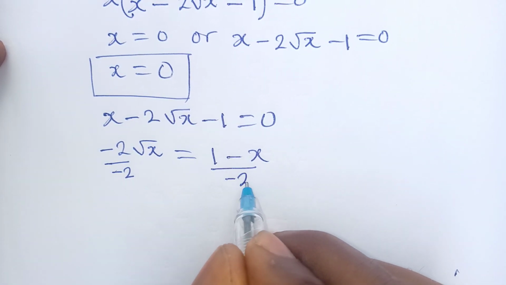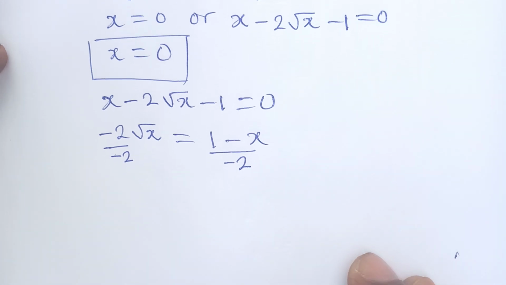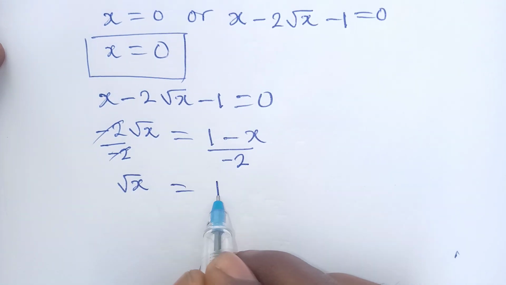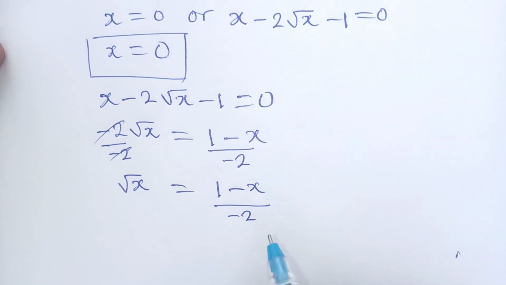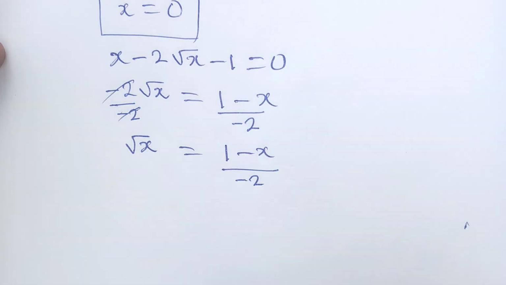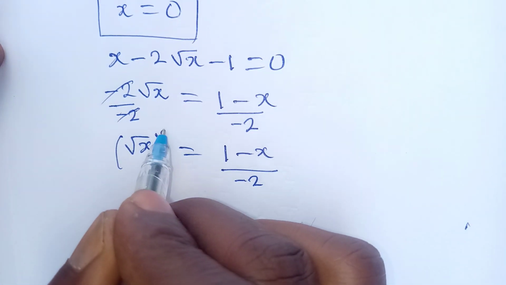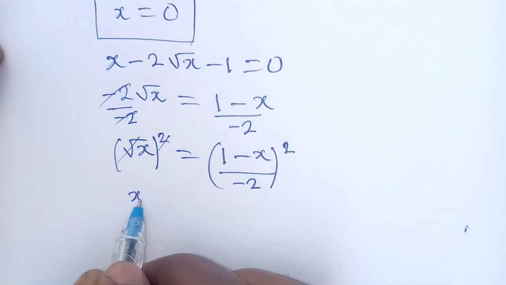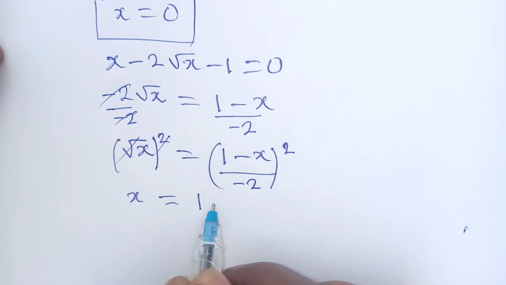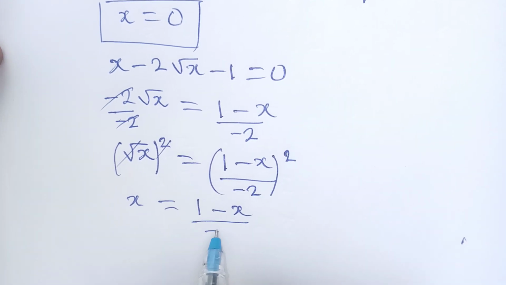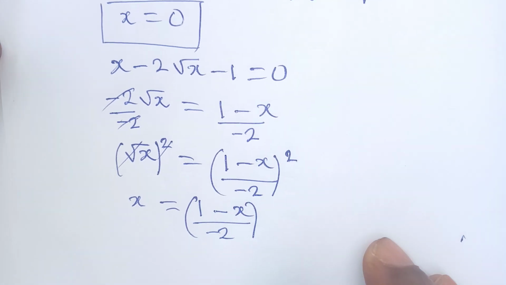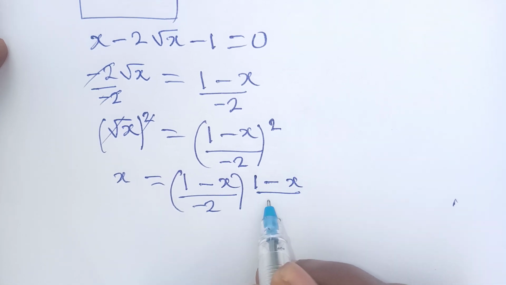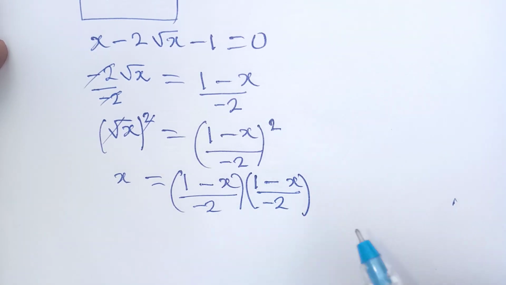And if I do that, my root x will be 1 minus x over minus 2, right? Okay, so from here the next step is to square both sides. This will go with this, and then x will be equal to 1 minus x over minus 2 multiplied by 1 minus x over minus 2, right?